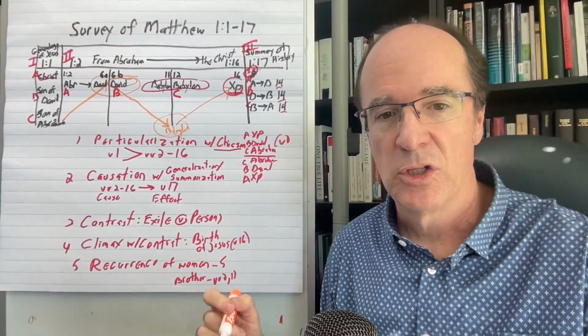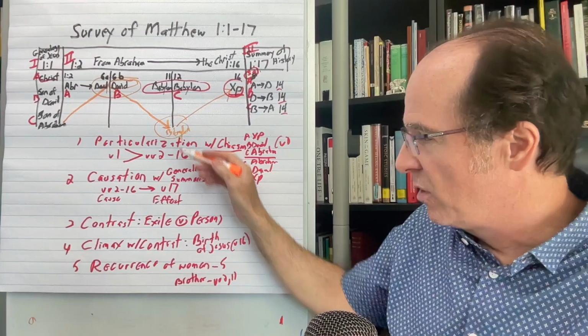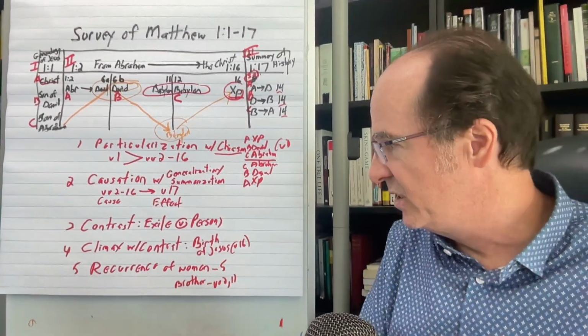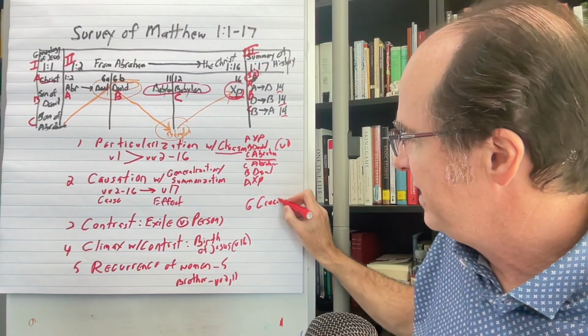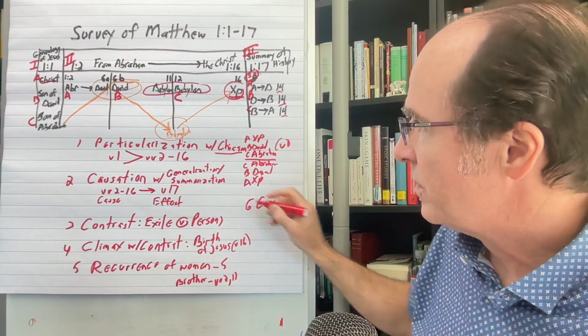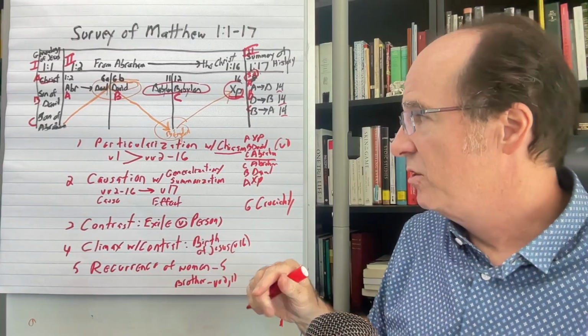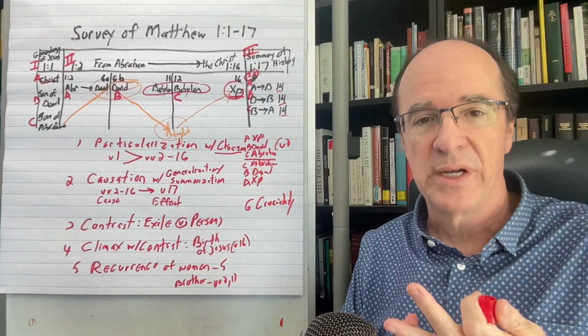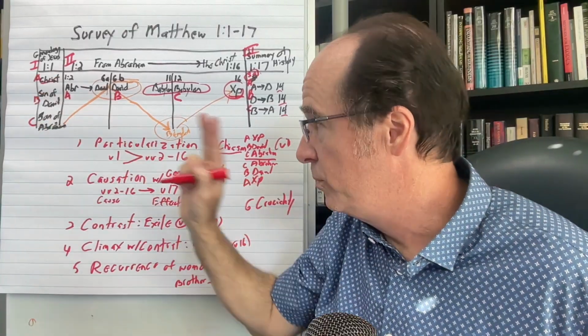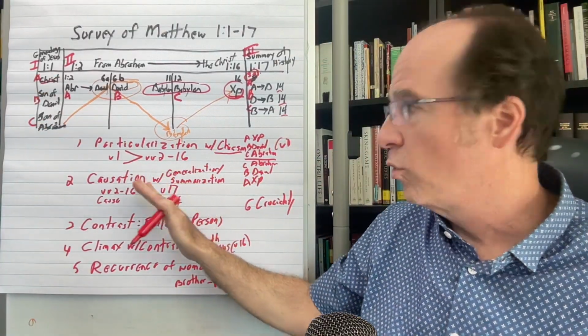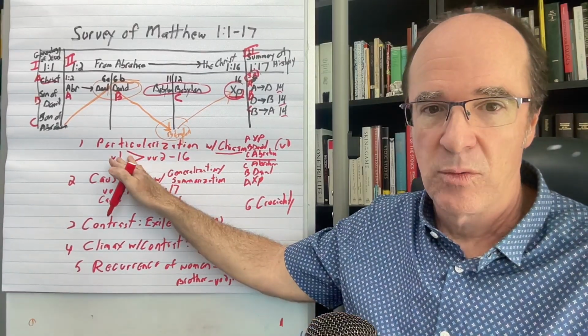Now, what else gets included in a survey? Again, for every structure that we've listed, and look at the notes for more details on these, you're going to have a set of questions, and you're also going to have strategic areas. For example, verse 1 would be a great strategic area for the particularization that we see.